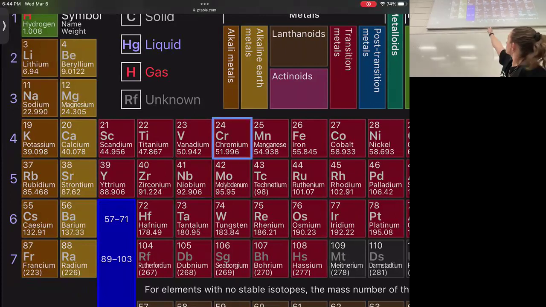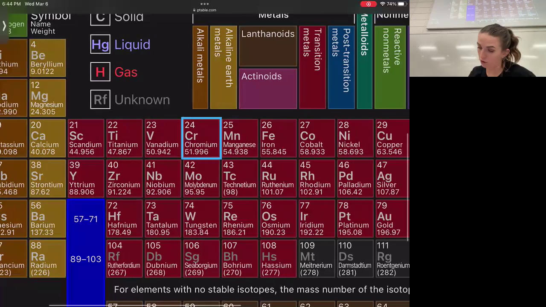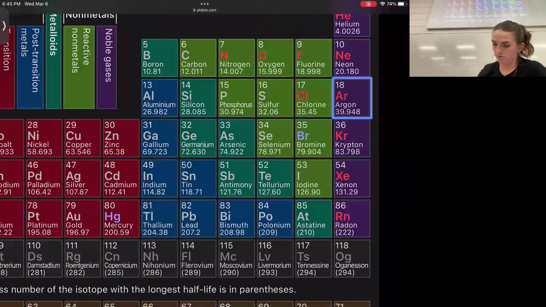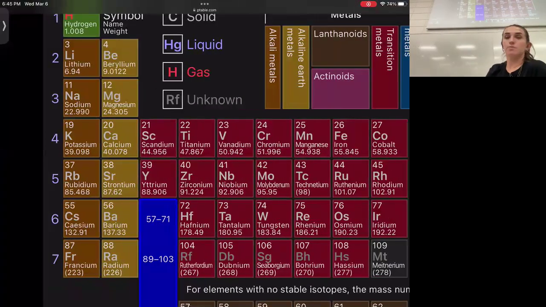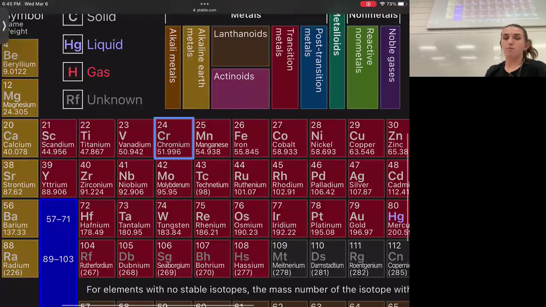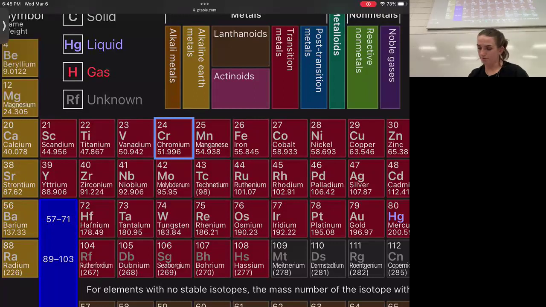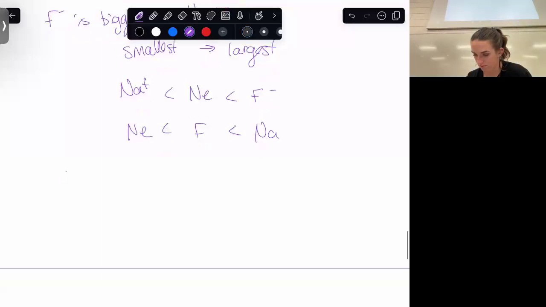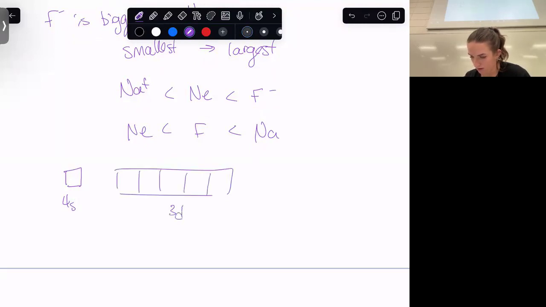Your chromium is going to have the exception because the noble gas right before it is argon. Chromium would be 4s2 3d4. But if we have 4s2 3d4, it looks like this.